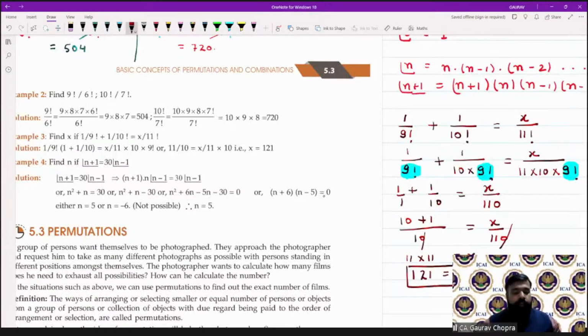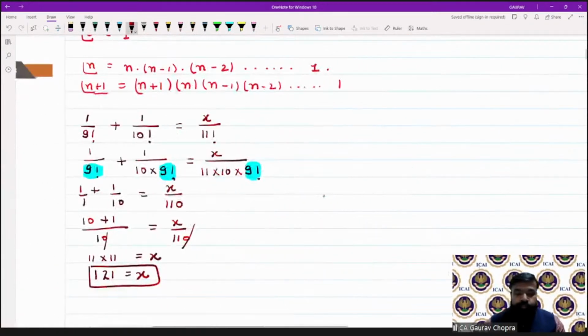Then let's try one more. Example number 4. Factorial n plus 1 is equal to 30 times factorial n minus 1. So this is given.